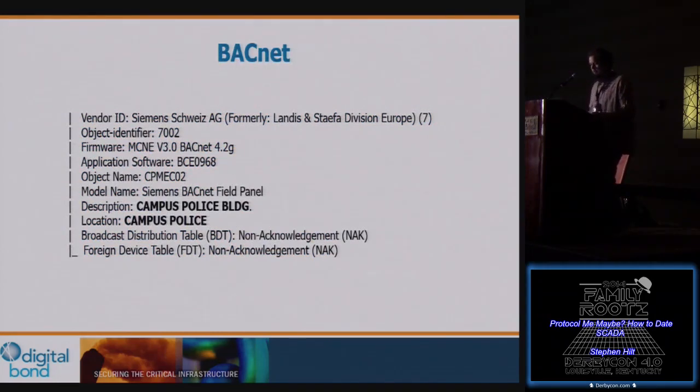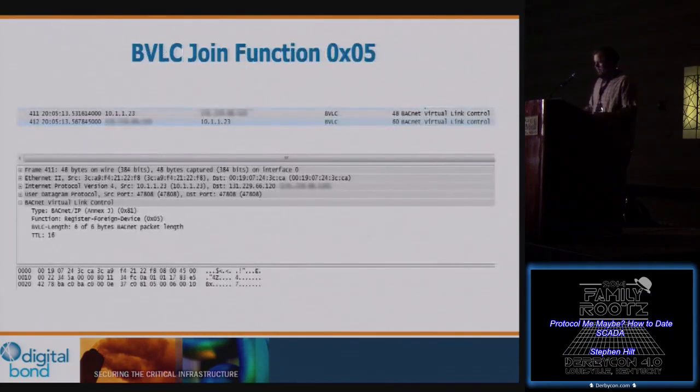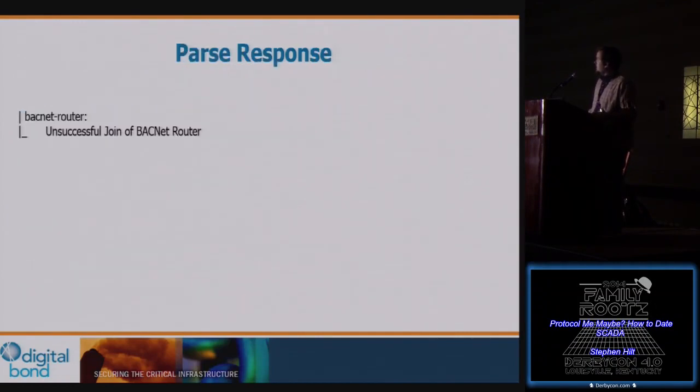I would like to point out down at the bottom, on the broadcast distribution table and the foreign device table, we actually got NACs, not acknowledgements, from the devices. You send it a BVLC join request, and I wrote a special script to test whether I can actually join or not, because BACnet is very good about telling you if you can't do something. On that one, I can't join the router.